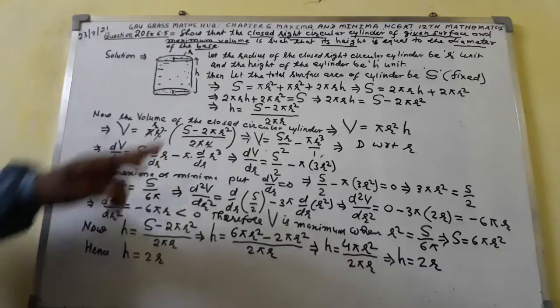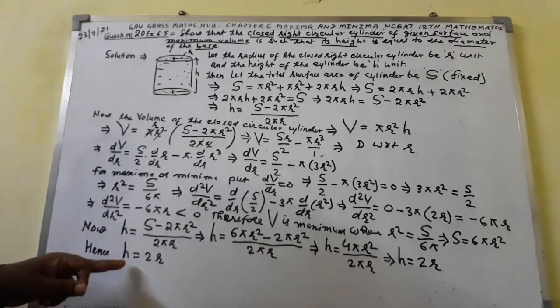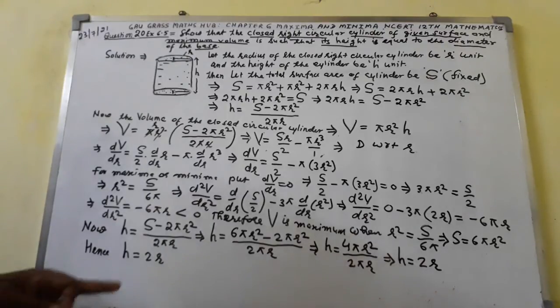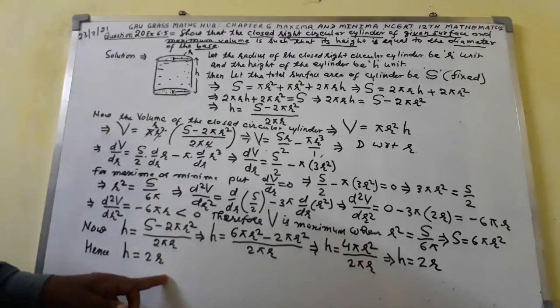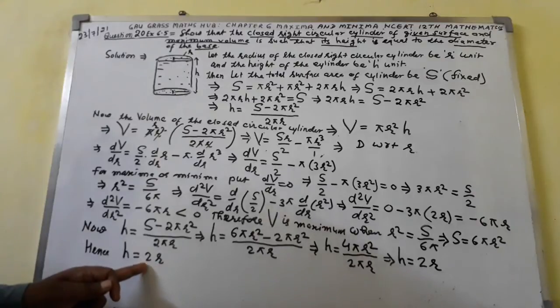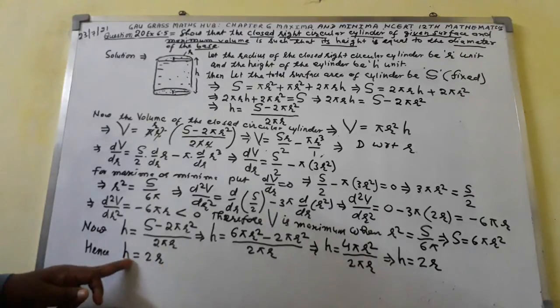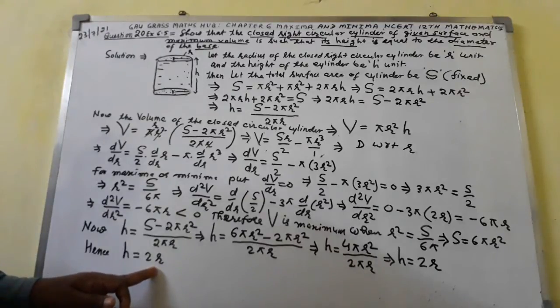So here you can see its height, meaning the height of the cylinder h, is equal to 2r, where r is the radius. Twice the radius comes out to be the diameter. The radius multiplied by 2 becomes the diameter. The height is equal to the diameter of the base.